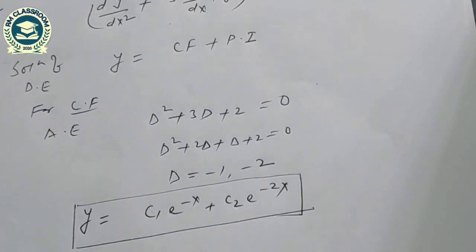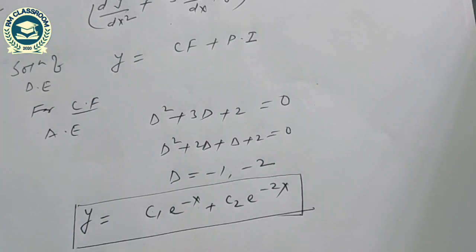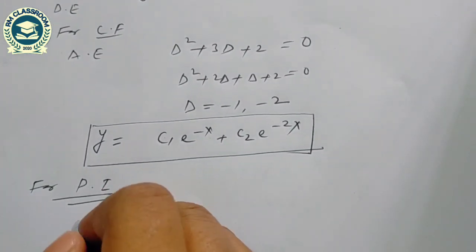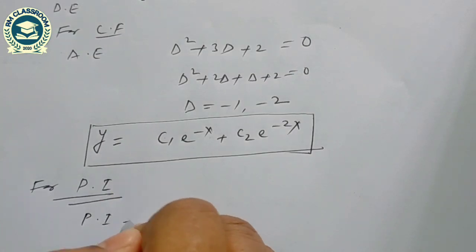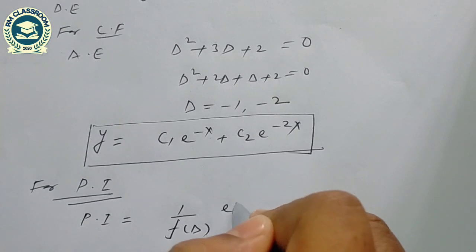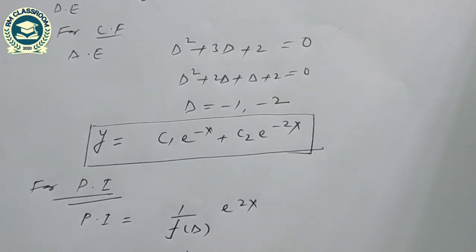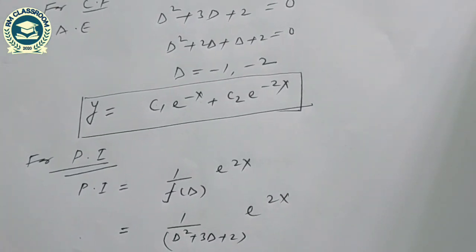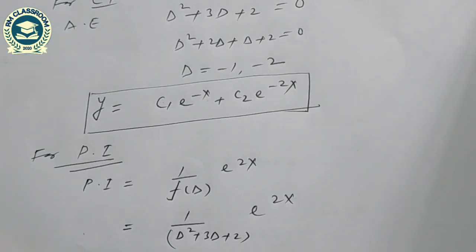For particular integral, the particular integral can be written as 1 by f(D) into the function, which is exponential, so e to the power 2x. So 1 by D square plus 3D plus 2 into e to the power 2x. Replace D by a.